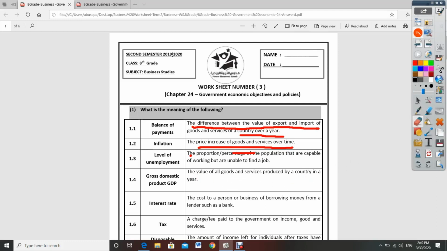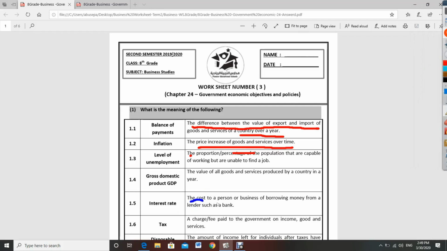Interest rate is the cost to a person or business of borrowing money from a lender, such as a bank. So when you go to the bank and ask, for example, for a housing loan, it will arrange an interest rate over the amount of money that the bank will provide to you.